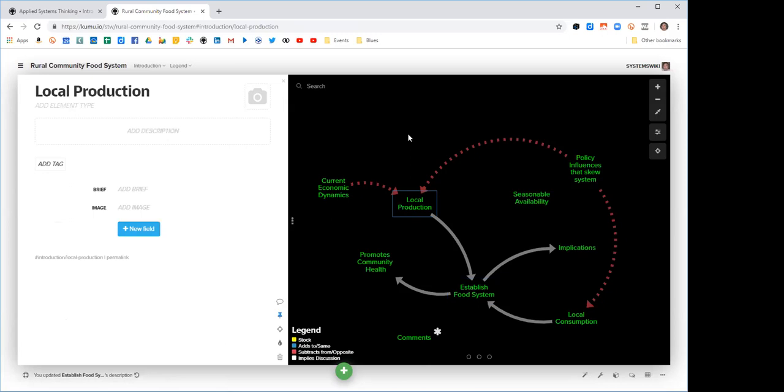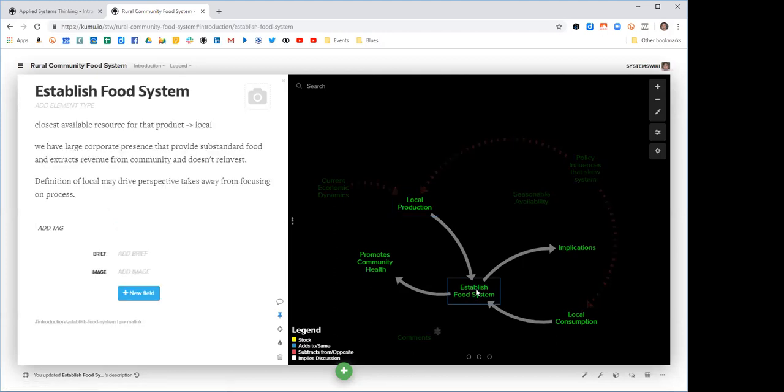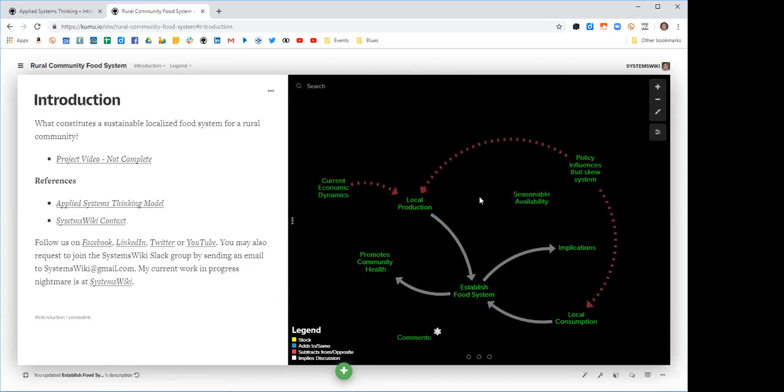The comment is that there are certain things that you simply can't get locally in certain seasons. If you're going to have them, they have to come from somewhere else. So if you consider that difference, how do you manage the question about a sustainable localized food system? It sounds like it loses meaning.